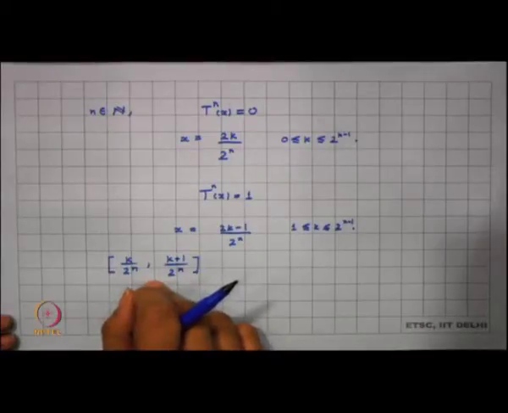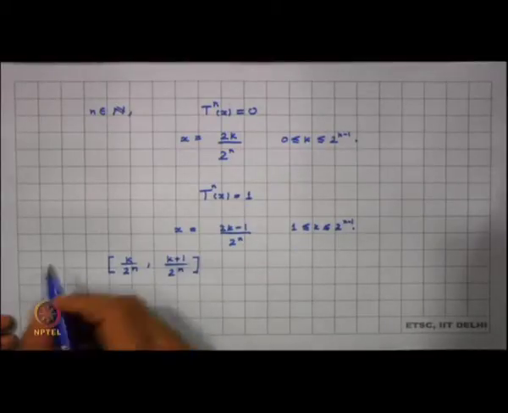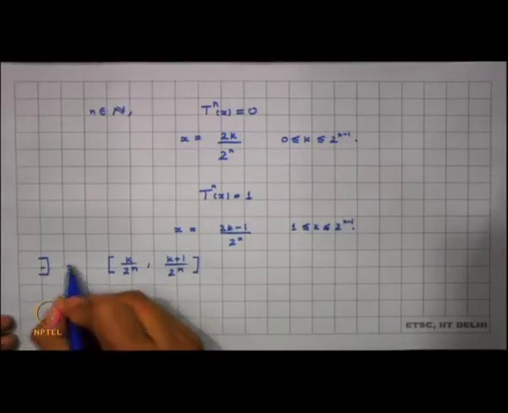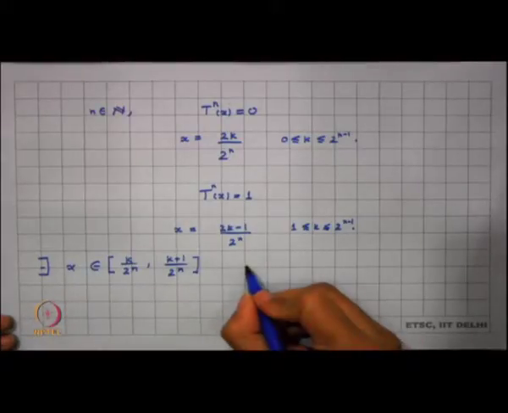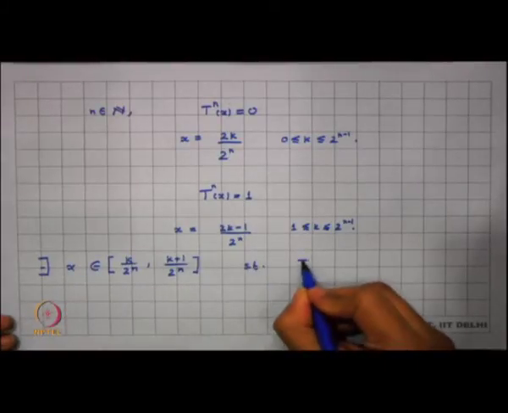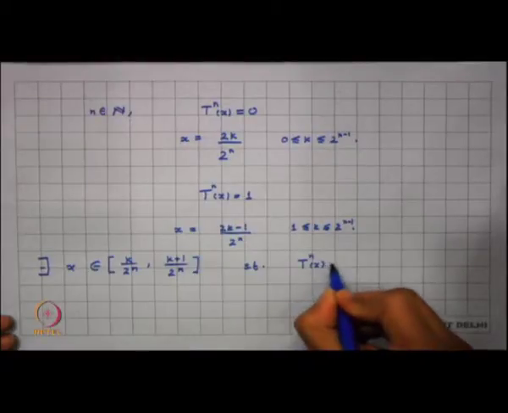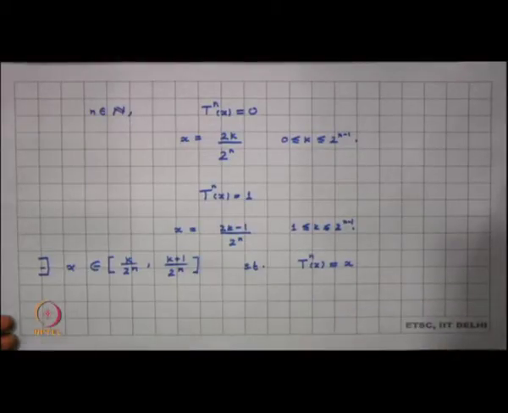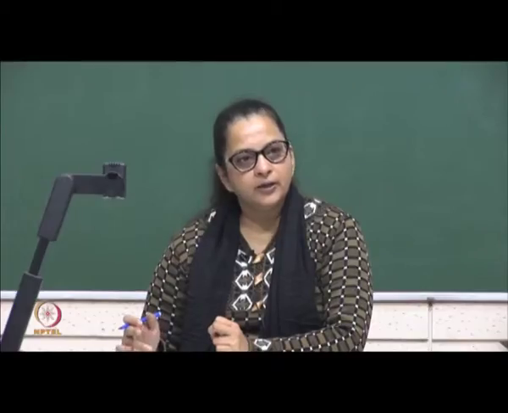So, what we have observed is that there exists x such that T to the power n of x is equal to x. First thing is that for every n we have a periodic point of period n.